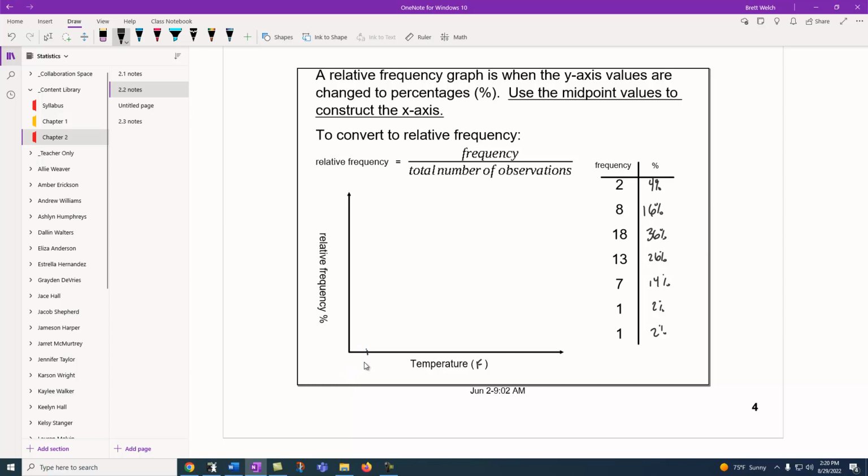Was it 90? It was 100 to 104, so I'd use 102. Okay, I'm going to have a dead spot here. Okay, and then at 102, I want to be at 4%. So I'd have a dot there.